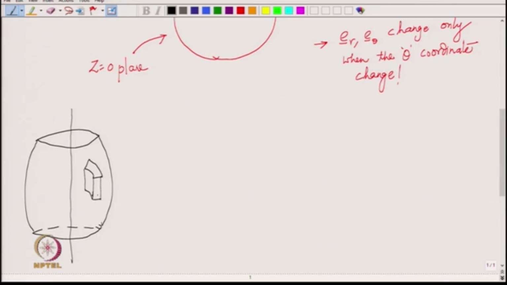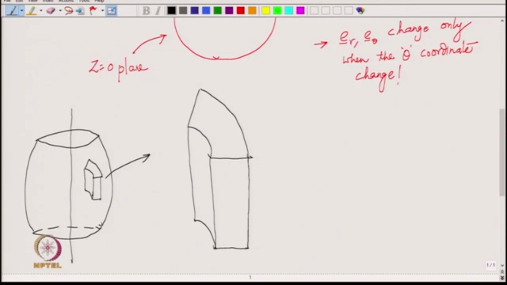So, this is one cylindrical element. Let us try to zoom it and take it outside. Okay, so that is the zoomed cylindrical element.